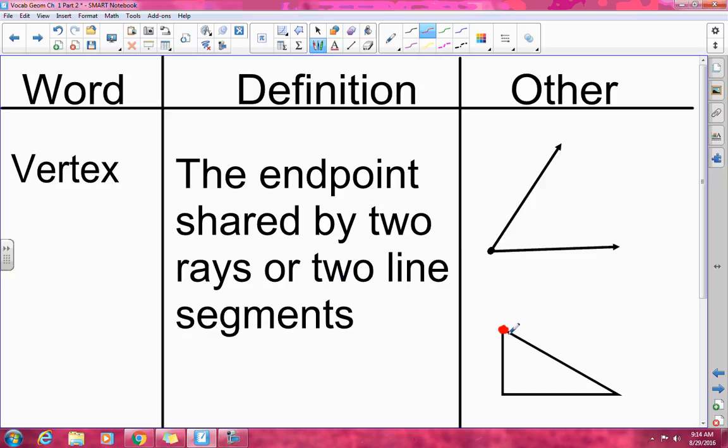So this red dot here is a vertex, this red dot here is a vertex, this red dot here is a vertex, and at those points, two line segments meet. So those are vertices. On this angle here, I have a ray, and they share this endpoint. So this point here is a vertex.